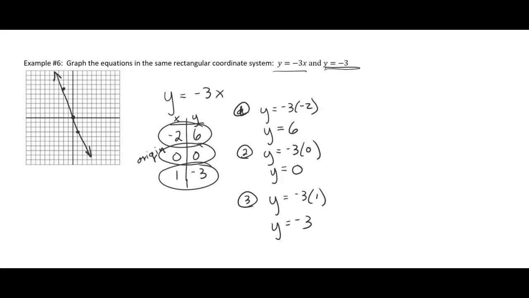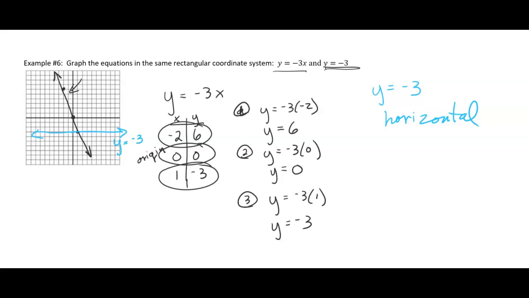The other one, so let me get a different color. I don't know what color shows up best for you, but y equals negative 3. That doesn't have an x term. It only has a y term. So this is a horizontal line. You're going to go to negative 3 on the y-axis, 1, 2, 3, right there, and just draw a horizontal line. So this is the equation y equals negative 3.